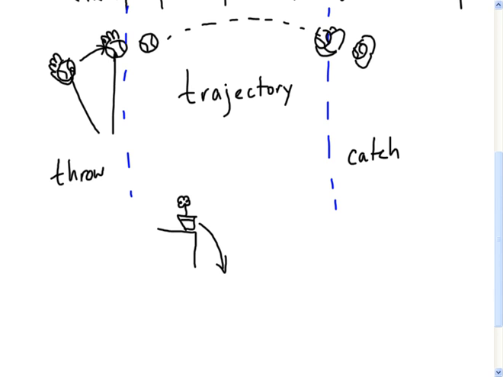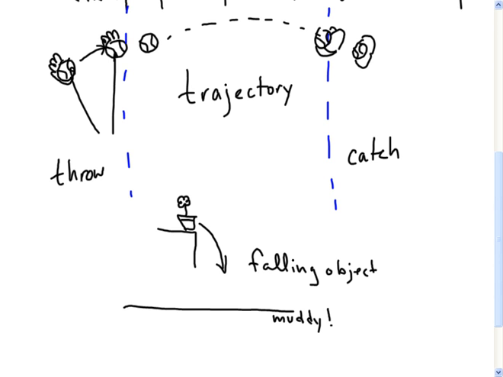It'll accelerate due to gravity, right? So this is just a falling object problem. But if it hits the ground, let's say it's muddy today, isn't it going to make a little dent in the ground as it stops?